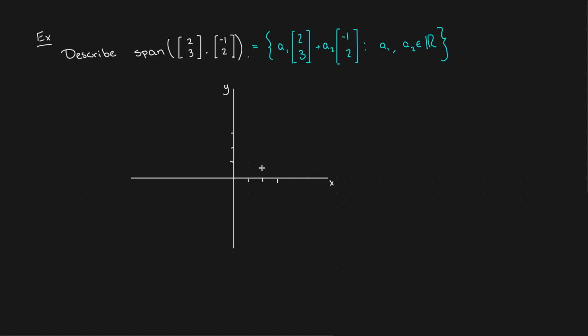And vector -1, 2. So -1, 2, right there.